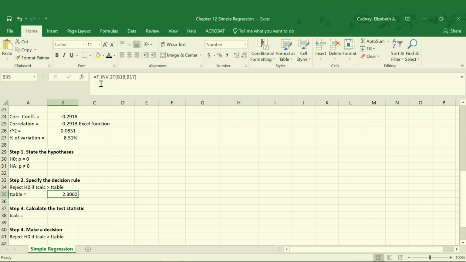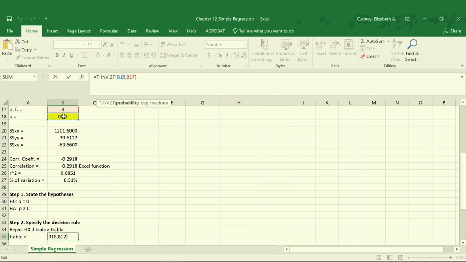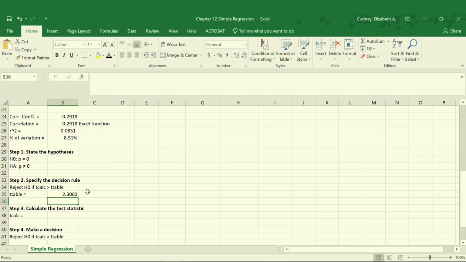We would calculate that using the T.INV.2T based on our probability. And that comes from B18, which was our value of 0.05, and our degrees of freedom, which was 8. So our value for our T table is 2.30.